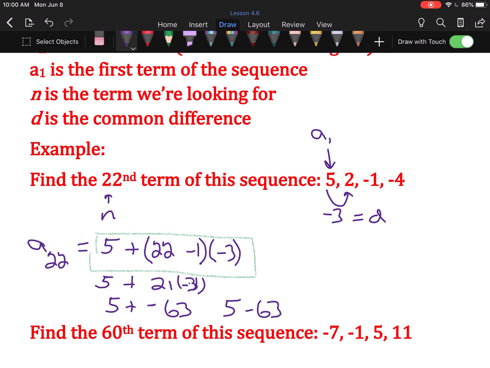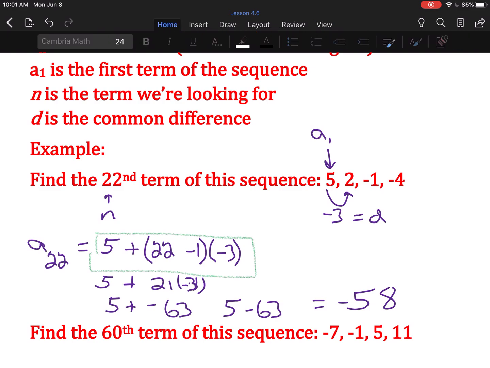You know I don't like positive negative right next to each other. 5 minus 63 is negative 58. Remember, different signs, so we'll subtract the numbers. 63 minus 5 is 58, keeping the sign of the bigger number, which is, of course, the 63. But that's it. It's identifying what n, a sub 1, and d are, and then plugging them in.